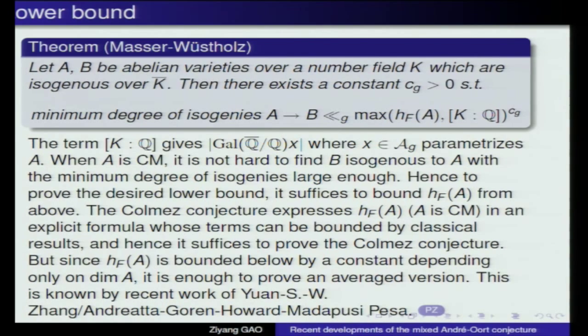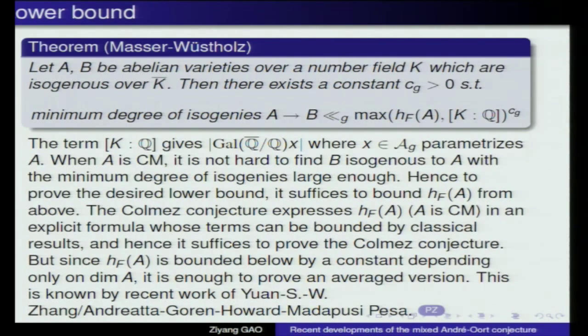But since this Faltings height is bounded below by a constant depending only on the dimension of A, it is enough to prove an average version. Here, average means that we sum up over all the CM types. This average version is known by recent work of Xinyi Yuan and Shou-Wu Zhang, or separately by Andreatta, Goren, Howard, and Madapusi Pera.